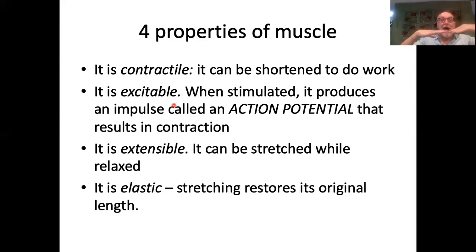The muscle now is extensible. We can extend it, and we can extend it because it is elastic. If I now pull on that muscle, the fibers inside the muscle cell simply slide apart. It is elastic. Okay, so remember these four: it is contractile, it is excitable, extensible, and elastic.